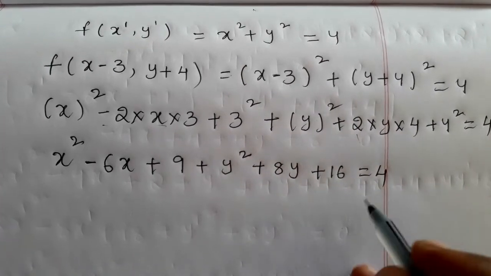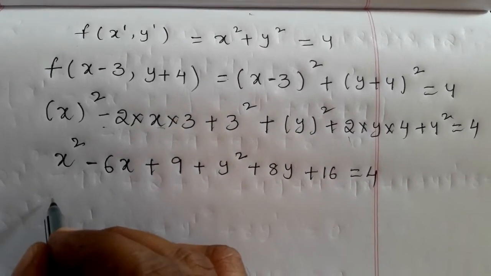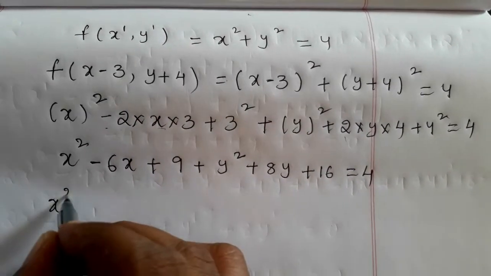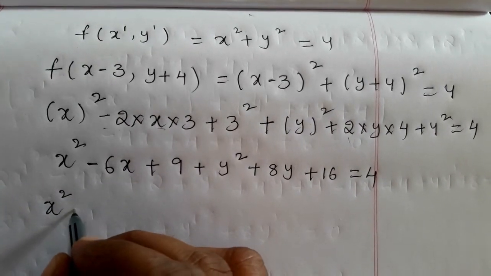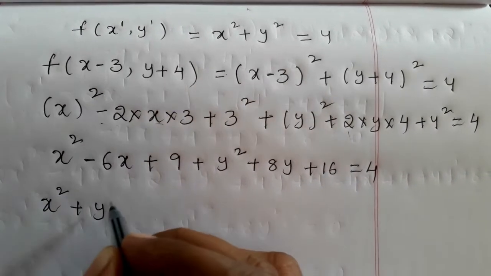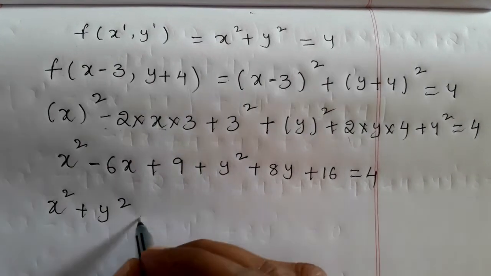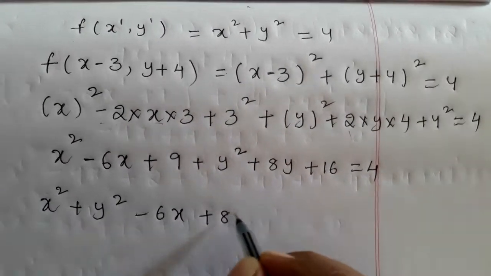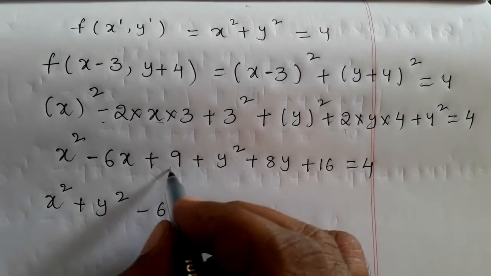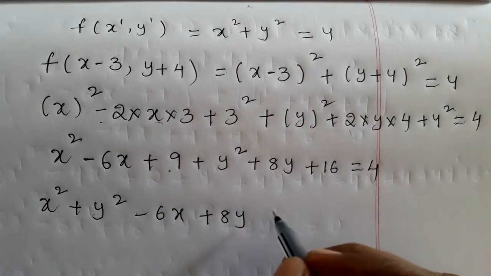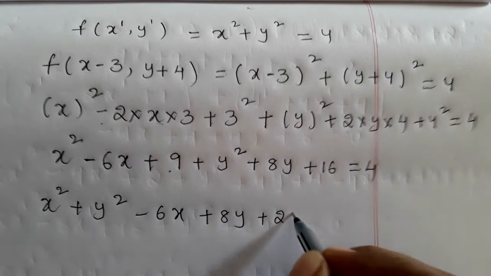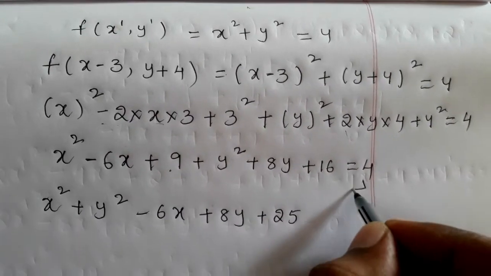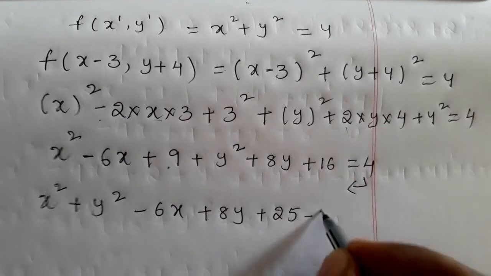So now you bring this 4 to the left side. So x square plus y square minus 6 times x plus 8 times y plus 9 plus 16 is nothing but 25, plus 4 is coming to the left side, it becomes minus 4.